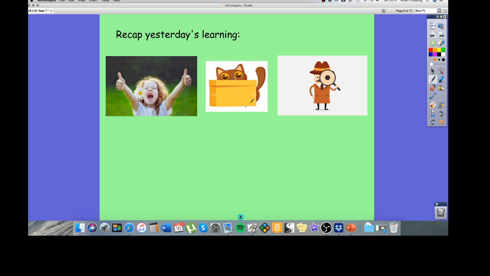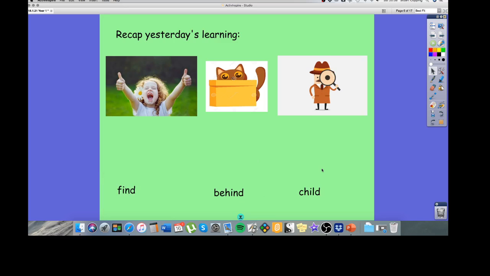The cat is where? Yeah, is behind the box. Have a go at writing behind. And then with a magnifying glass, this man is trying to what? He is trying to find something. Okay, so now you've got those words written down.